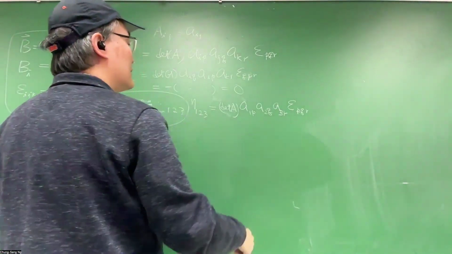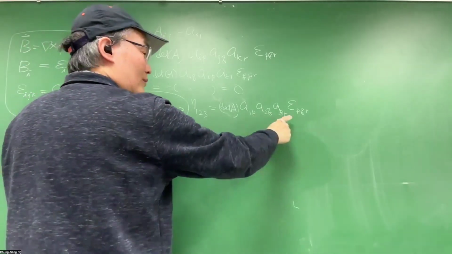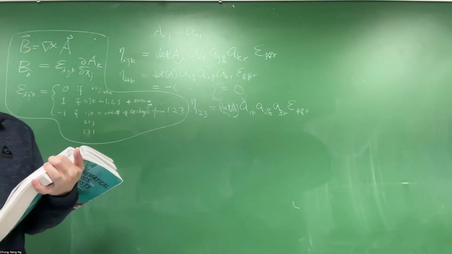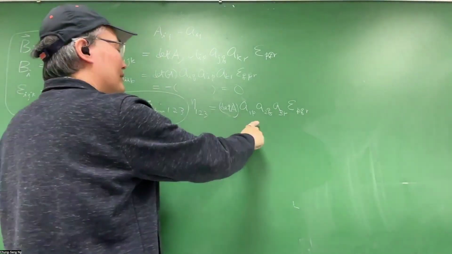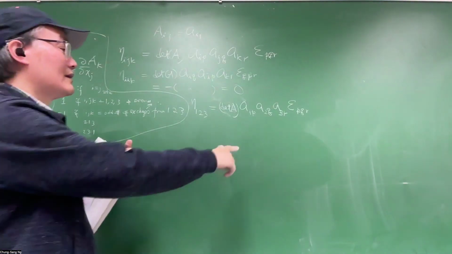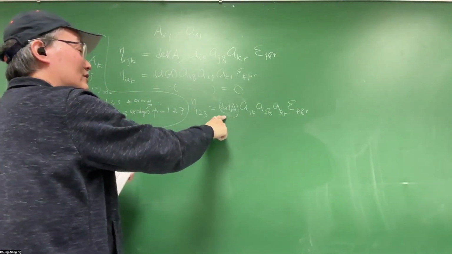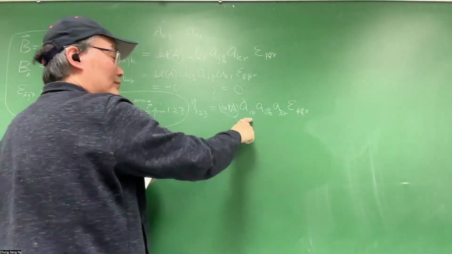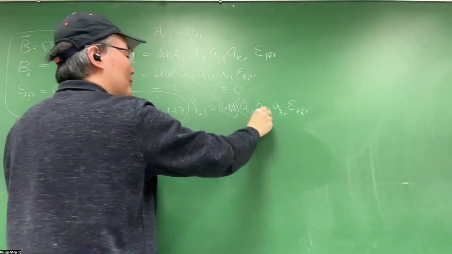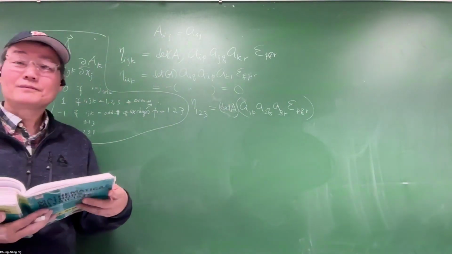and now that requires you to remember your definition of determinant. If you remember how you calculate or how you define the determinant, this object, this product, other than this determinant A, is the determinant of this matrix A. This part is a determinant, right? Do you see that?